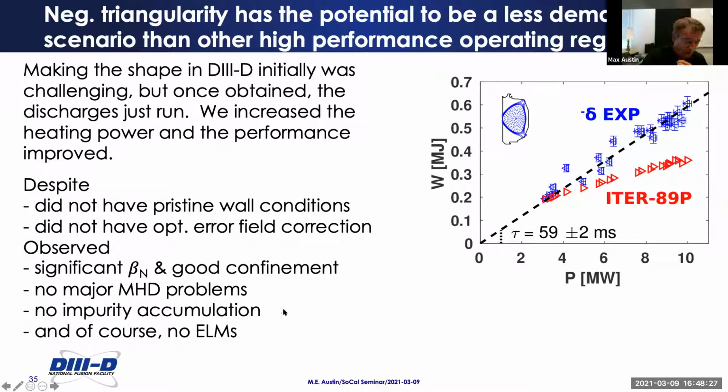In particular, in these high performance discharges, the neutron rate was quite high, owing to a lack of impurities like carbon or even metals being pulled in, which dilute the deuterium. And of course, in all of these, other than that case with the accidental relaxation of shape, we have seen no ELMs in negative triangularity. Any negative triangularity discharge that has retained its shape has been completely ELM free.